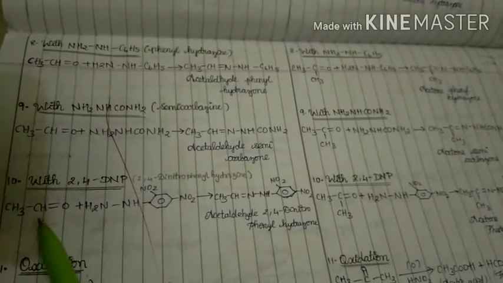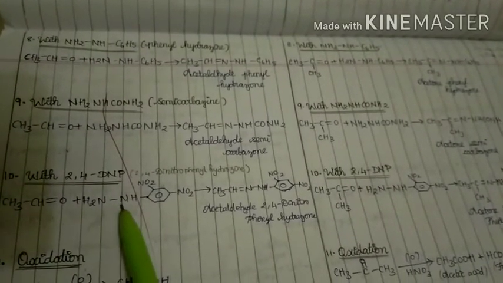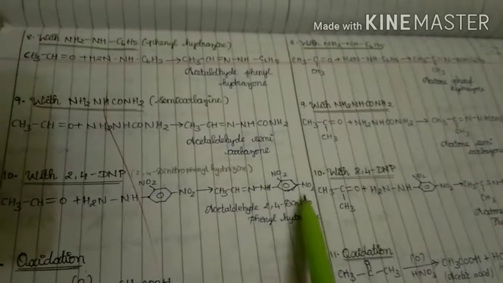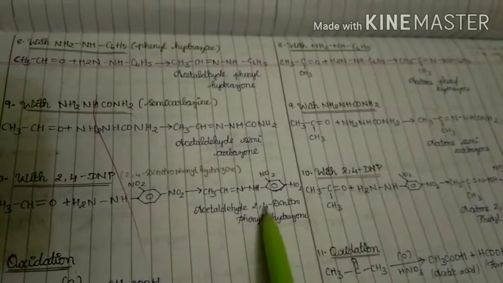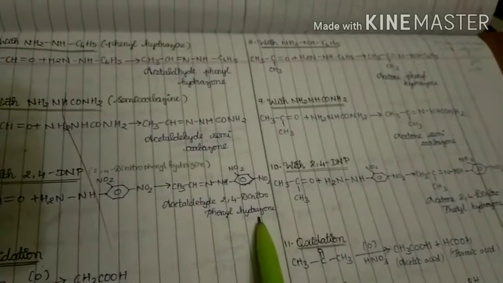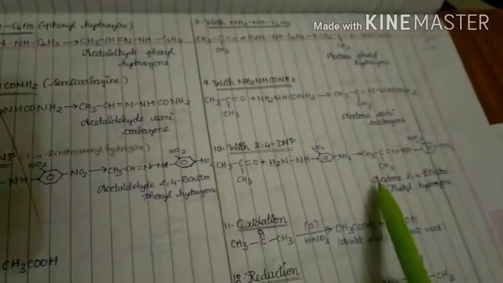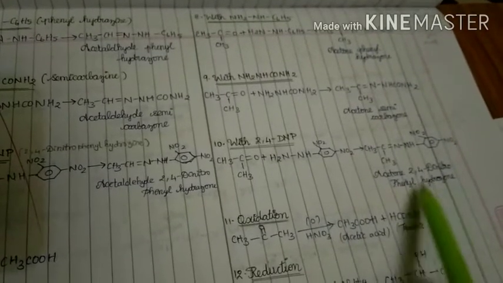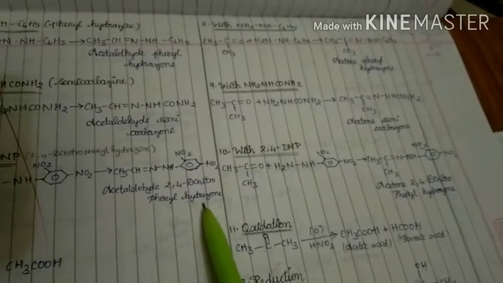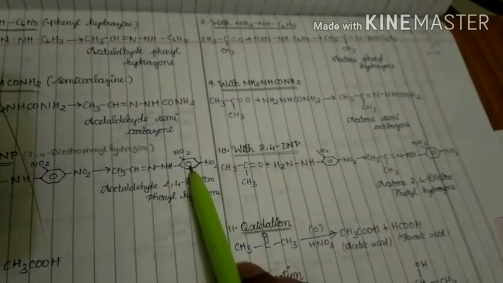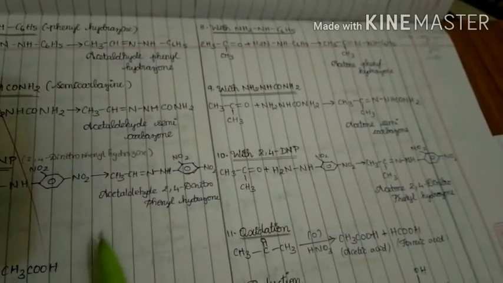Finally, we get CH3, CH, double bond, N, single bond, NH, benzene ring, NO2, NO2. So, what is the name of the product? Acetaldehyde 2,4-dinitrophenylhydrazone. Here also, acetone 2,4-dinitrophenylhydrazone. These are all about what? Condensation reactions of aldehydes and ketones.